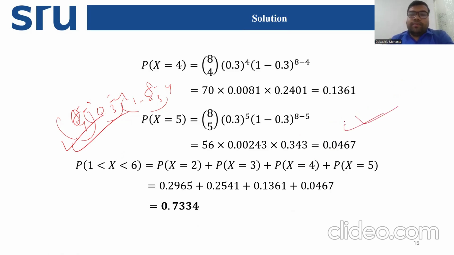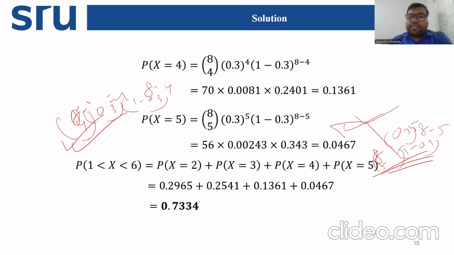So the probability of x equals 5 we can calculate here: 8C5, 0.3 to the power 5, (1 minus 0.3) to the power 8 minus 5. Okay, so that value is 0.0467.